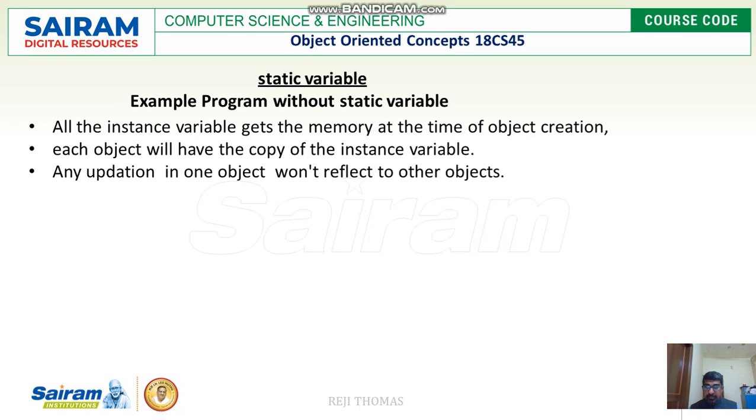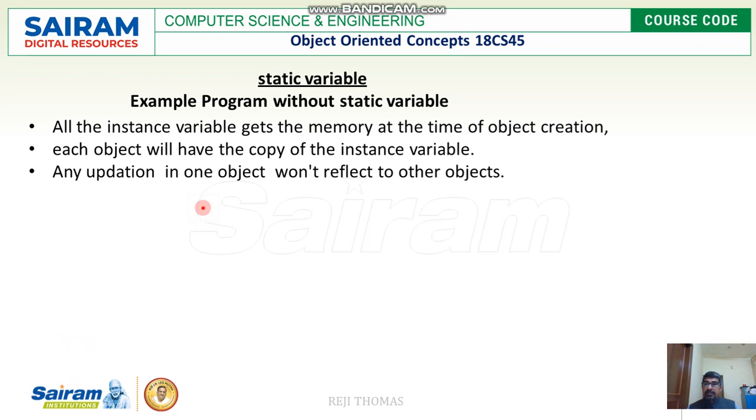So please do remember, think that I've got a class called A. For the class A, I'm going to create three objects. All three objects are going to have their own memory location, and their own copy of the instance variable.